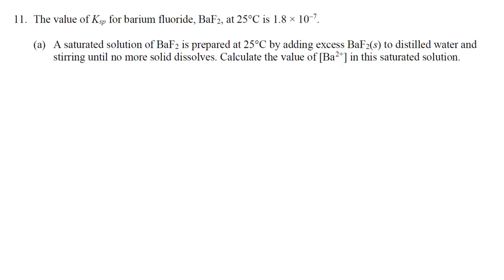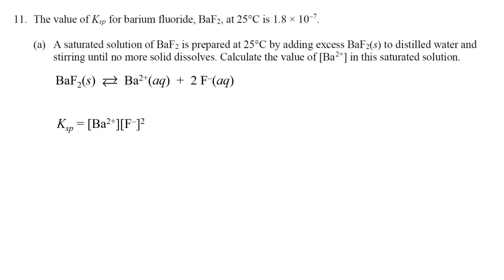Let's begin by writing the chemical equation for the dissolution of solid barium fluoride. So we have BaF2 solid on the left, and then we have the barium 2+ ions and the fluoride ions, F-, on the right. The KSP expression for barium fluoride is written as concentration of the barium ions times the concentration of the fluoride ion squared.